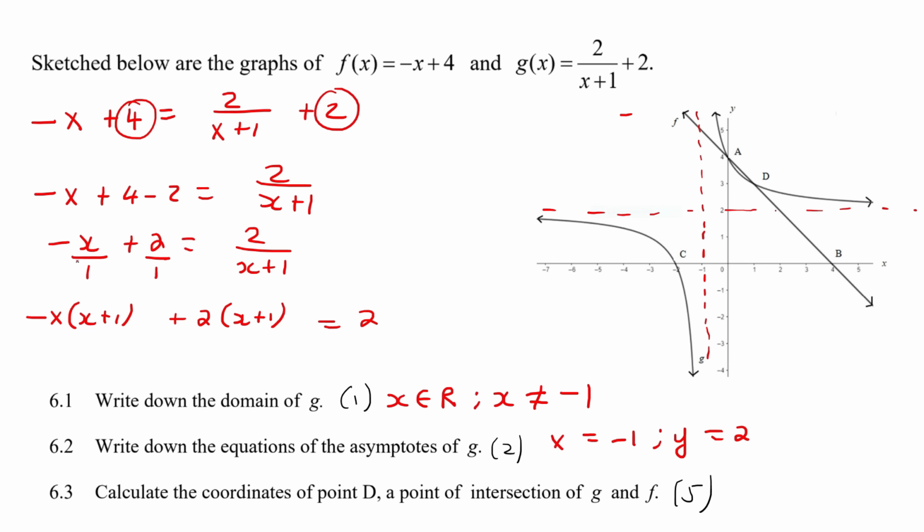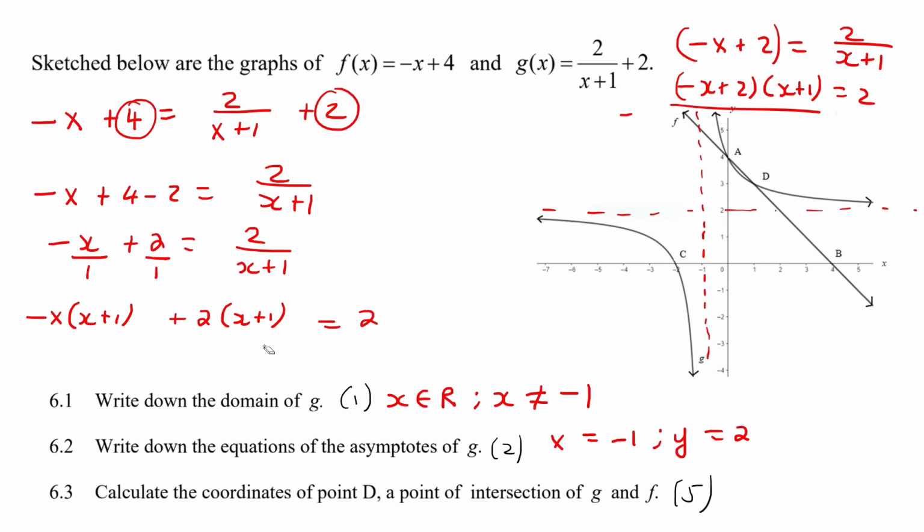Another way you could have done that is, you know how we had this part over here where it was minus x plus 2 equals 2 over x plus 1. Well, what you could have done is just multiplied both of these with x plus 1, so it would have gone like that. It's actually going to give us the exact same thing at the end of the day.